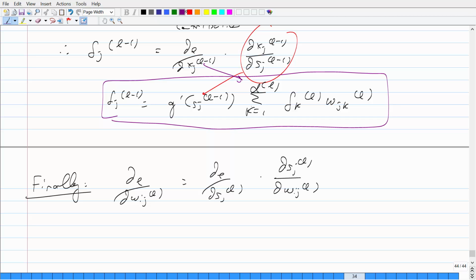Okay, so this is defined as the sensitivity. We talked about that. So this is delta_j of L, and then this is x_i of L minus 1 from before. So this is from before. And this is definition.